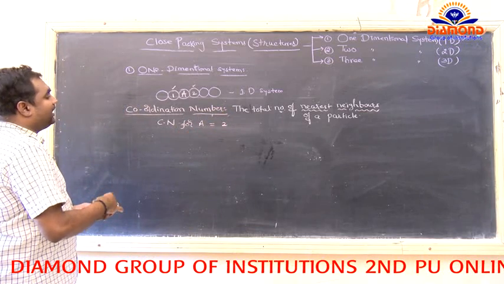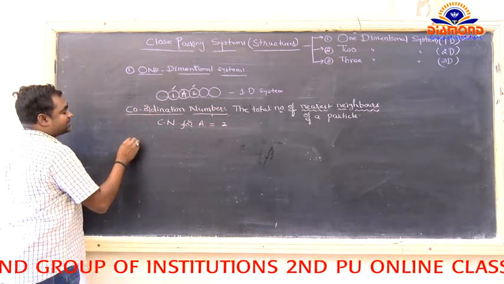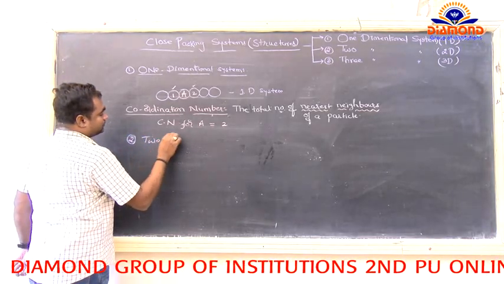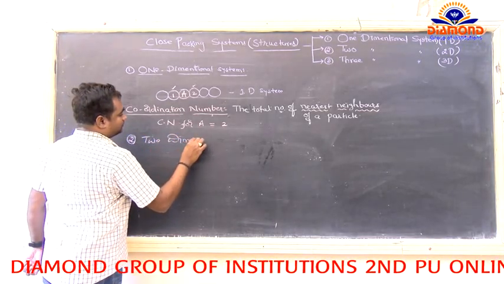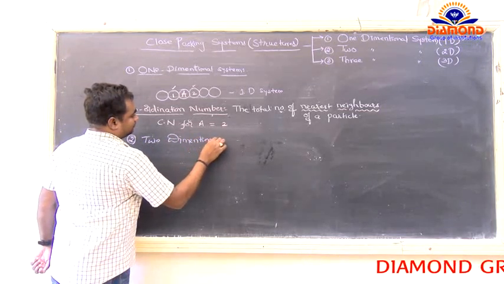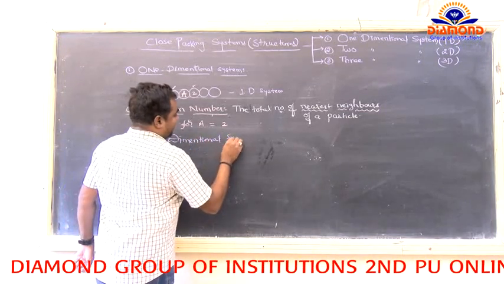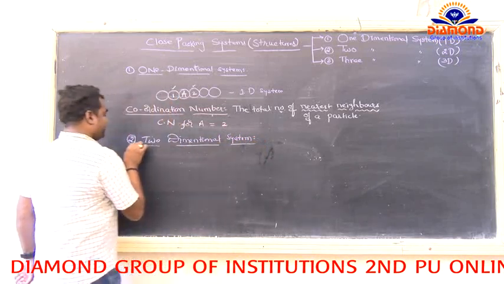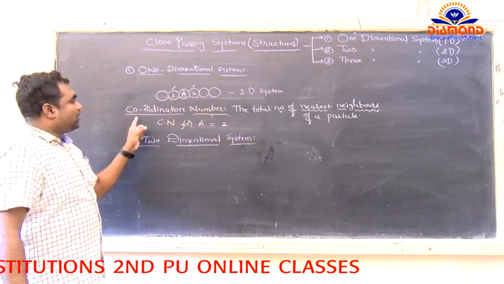Next we go for the two-dimensional system. Here, what is the coordination number?